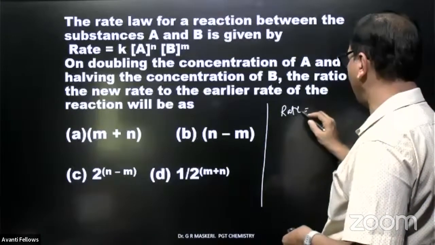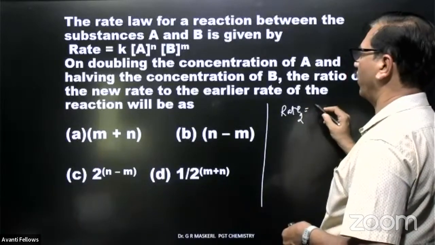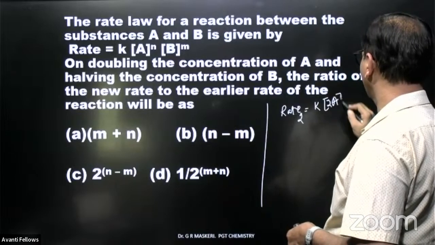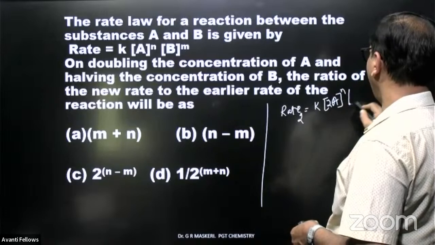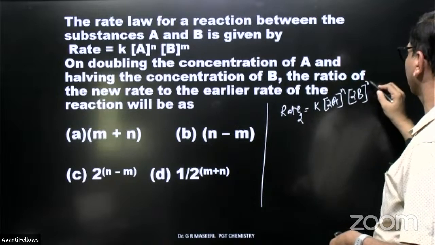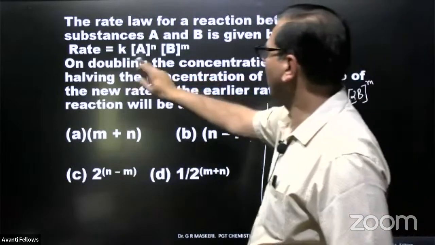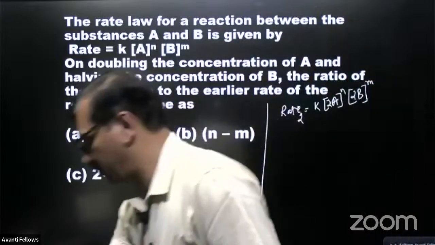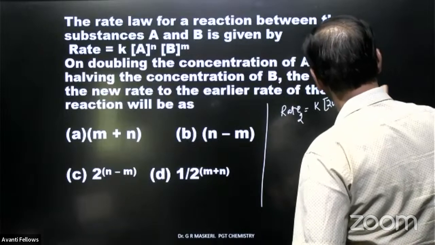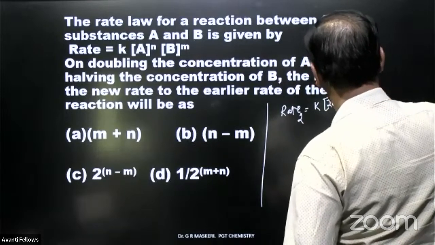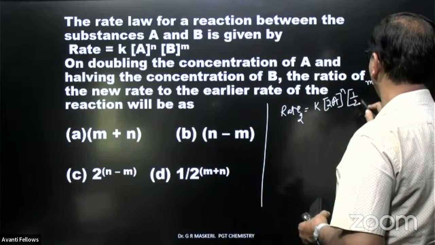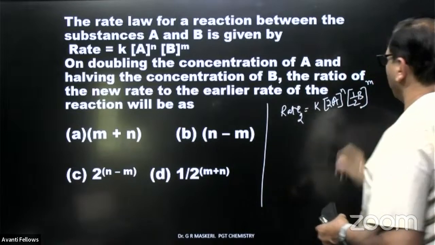In the second, rate 2 is k into 2A to the power n, because A is doubled, and B becomes half, so it is B by 2, to the power m. This is not 2, this is half.